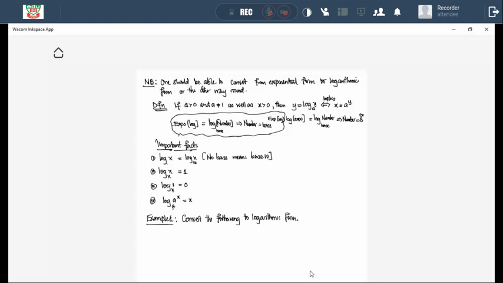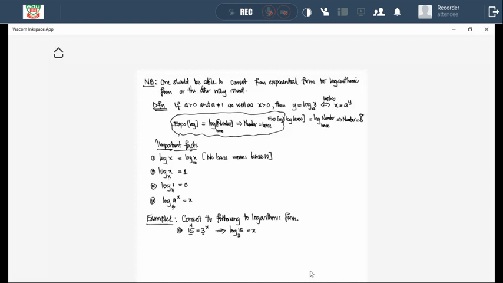How do I convert the first one? A, which is 15 equal to 3 to the power of x. I want to convert it to log form. In log form, 15 is your number. 3 is the base. Remember, the base in exponential form is the base in logarithmic form. So I'm going to say log of the number. What is the number? It is 15. What is your base? Base 3. That should be equal to x.